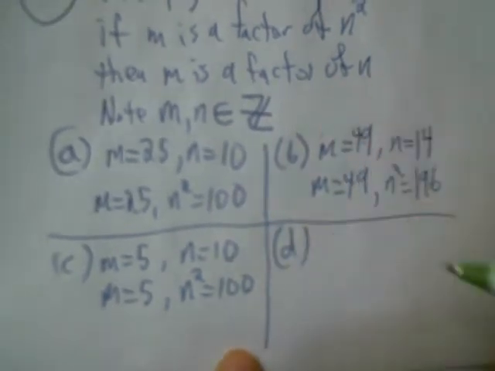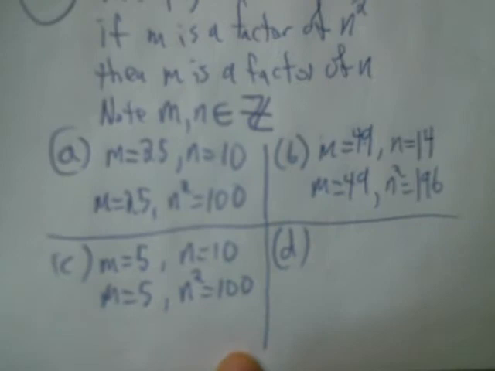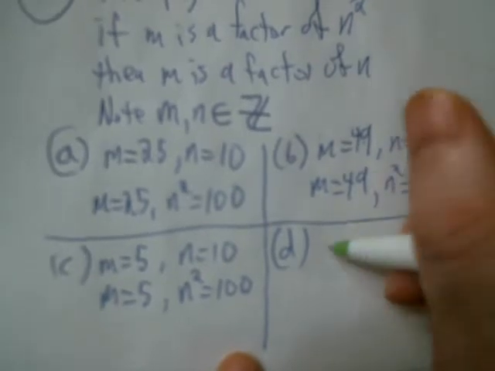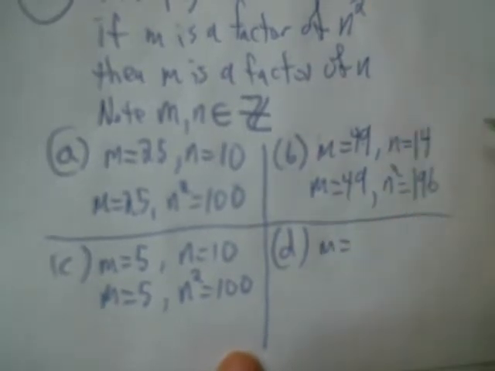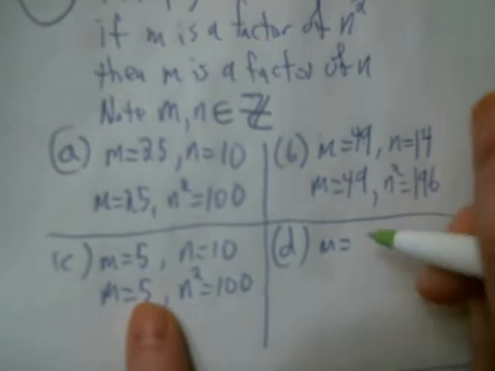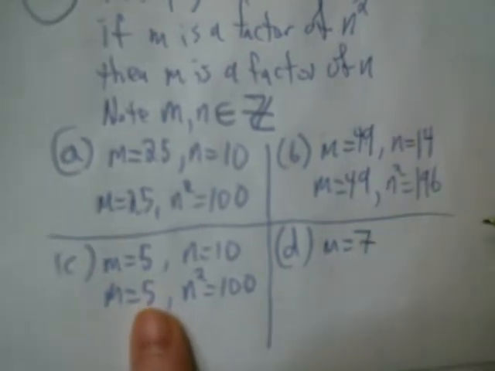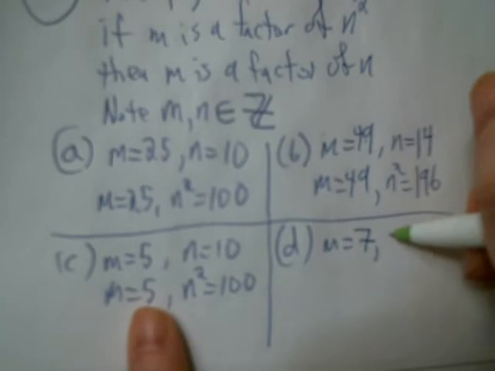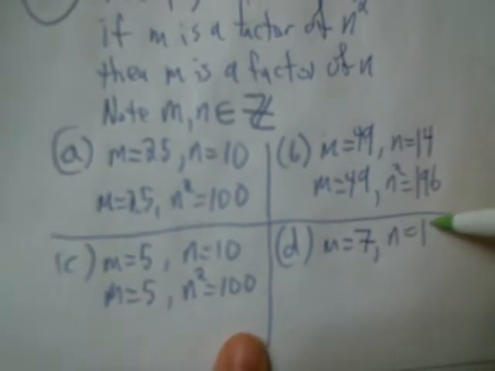And then part D, they want you to do the same thing. Give values different from those in part C for which r of mn is true. So you basically just pull the same trick. We'll say let m equal some prime number 7, and then let n equal 7 times 2 is 14, right?